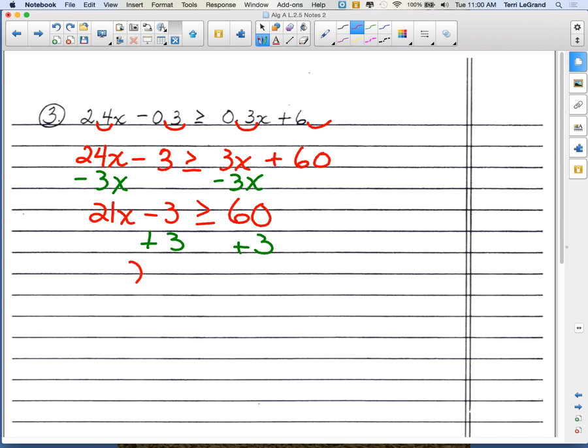I still am feeling confident that you can do this without your calculator. No, that you can't.